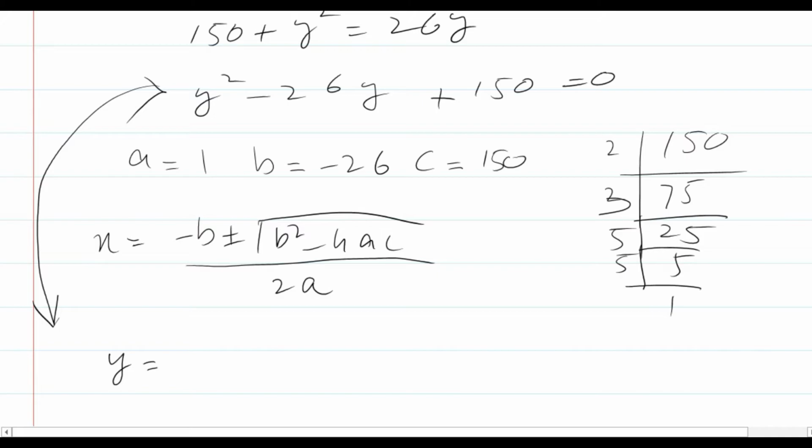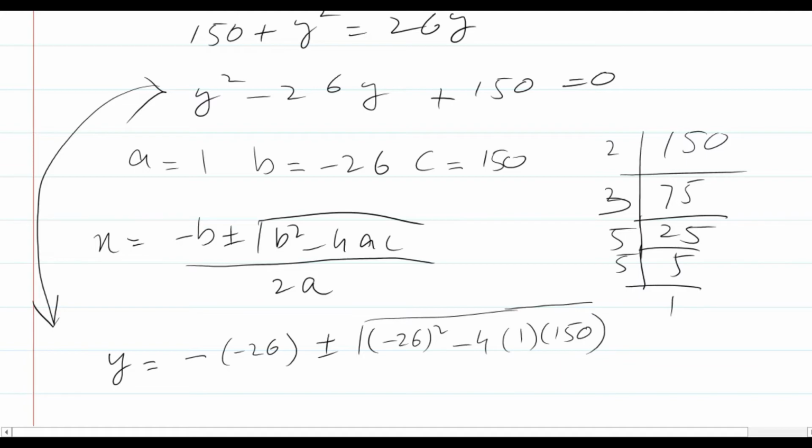Now minus b will become minus of minus 26, plus minus square root of minus 26 square minus 4 times a, which is 1, and c is 150, whole over 2 times a, that is 1.